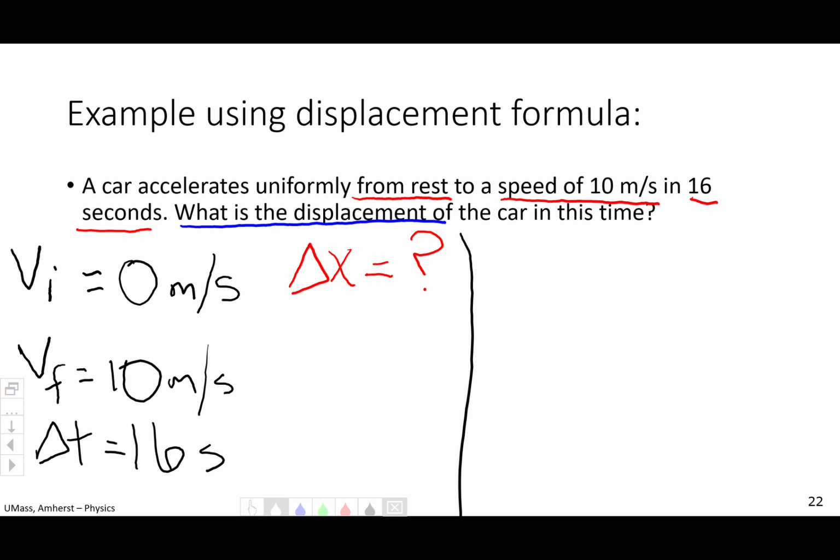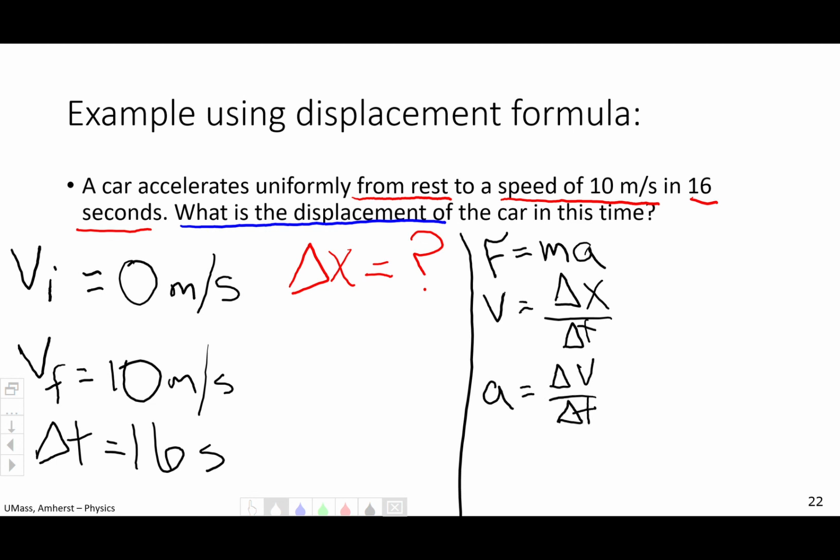So let's go ahead and list some formulas. We might as well list F equals ma. We don't know if it's going to be useful, but F equals ma is there. We are also going to write down the definition of velocity, delta x over delta t. We know the definition of acceleration is delta v over delta t.